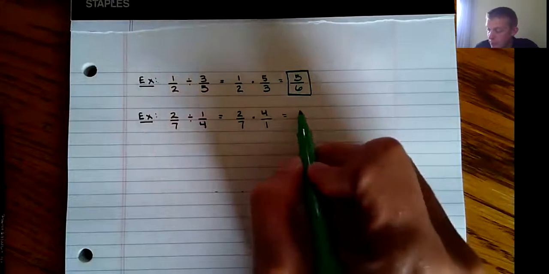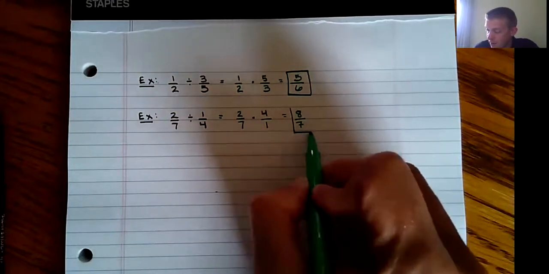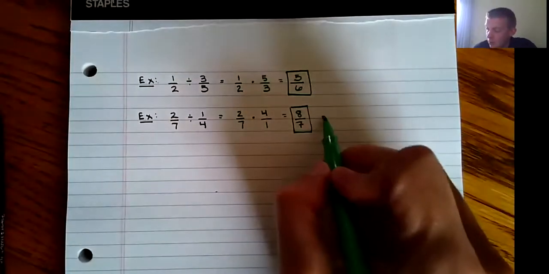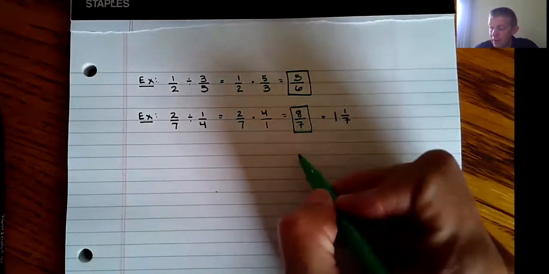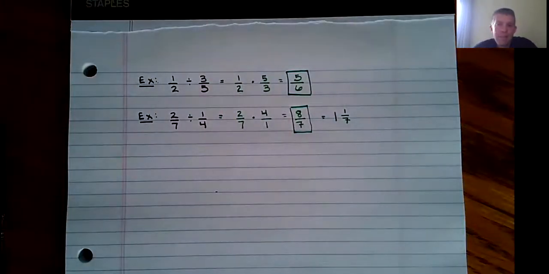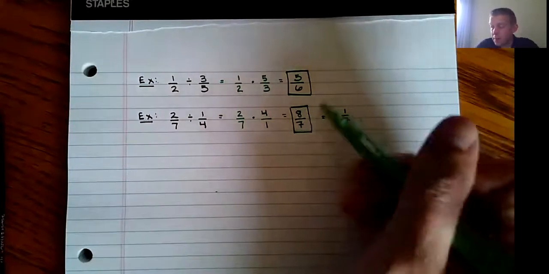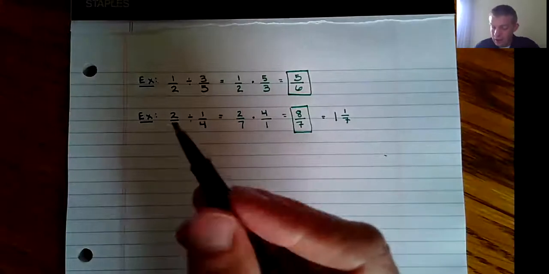So 2 times 4 is 8, 7 times 1 is 7, 8/7 is your answer. And you can leave it like that. It's the same as 1 and 1/7, a mixed number, a full 7 out of 7 plus 1 more. But you don't have to do that. And as we get into upper level math, like in college, you're going to leave them as improper fractions rather than mixed numbers. Okay. All right.